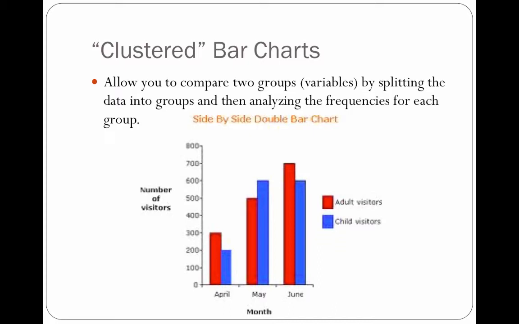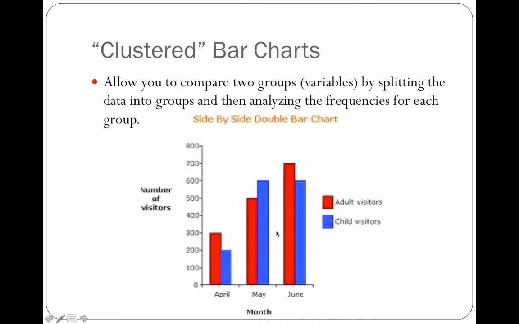So in this example, we have number of visitors, and we can see that it's divided into adult visitors in red and child visitors in blue. And we can see April, May, June. So we're looking at three things: the number of visitors, when they visited, so April, May, or June, and then also whether those visitors were adults or children. And so we have a comparison here.